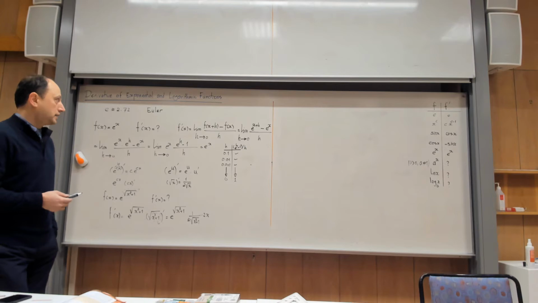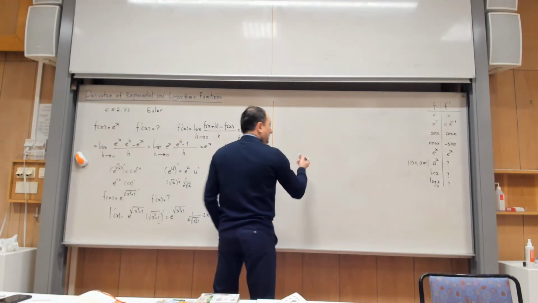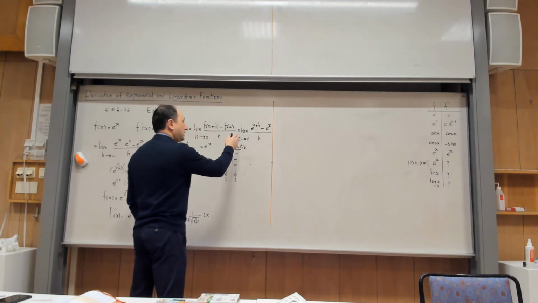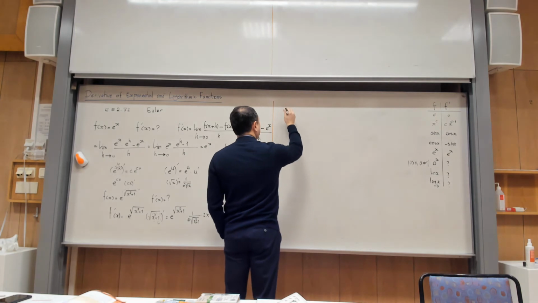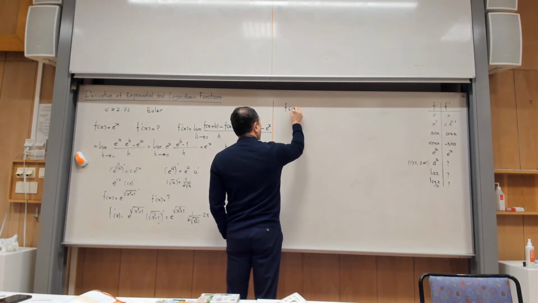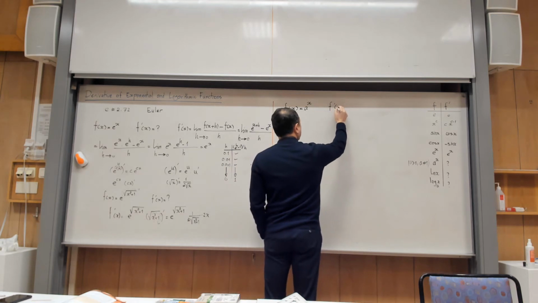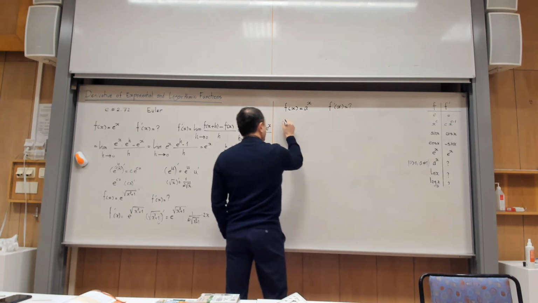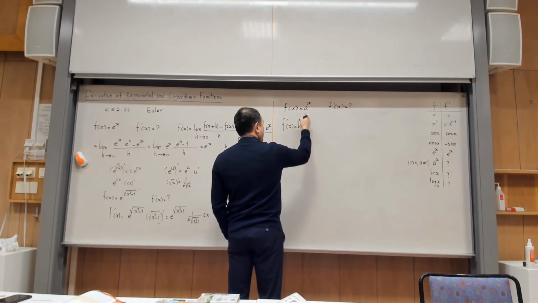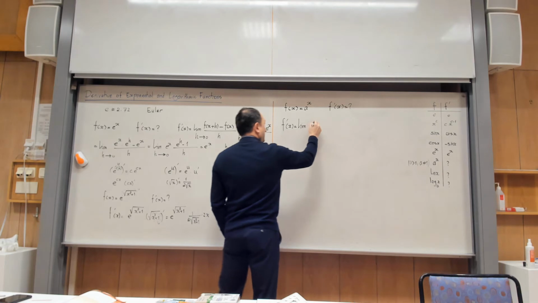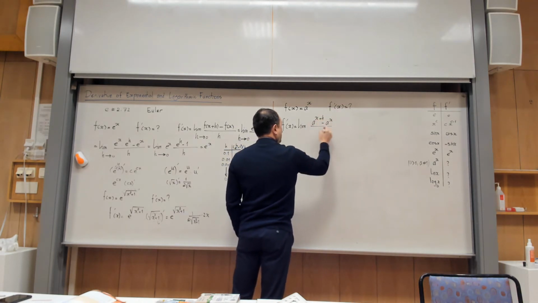So how should I do that? One way, of course, is to write it in this way, which gives rise to a limit that you again don't know. If I start from scratch and ask what is the derivative, one way is to write the formula for the derivative: the limit as h goes to 0 of a to power x plus h minus a to power x, divided by h.